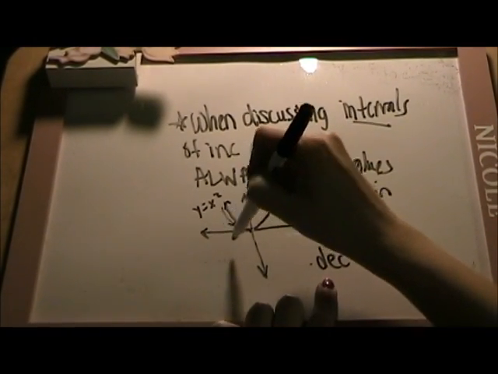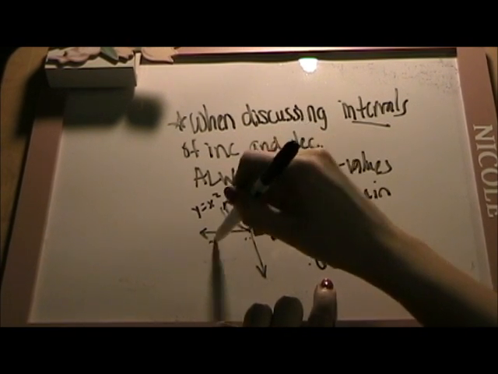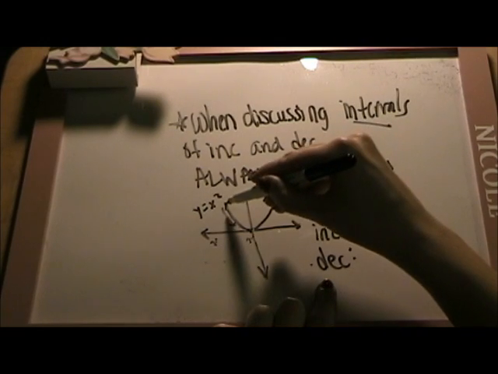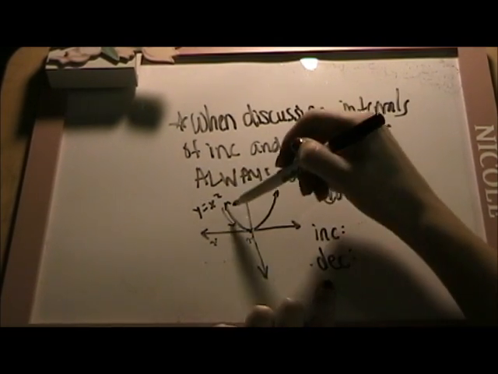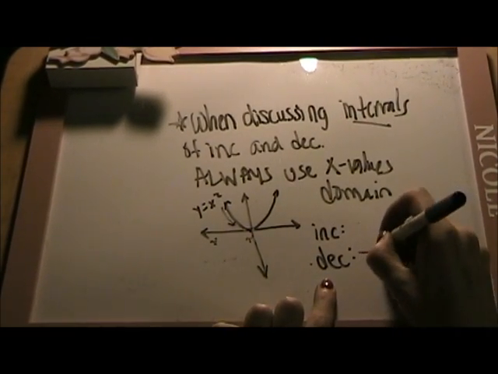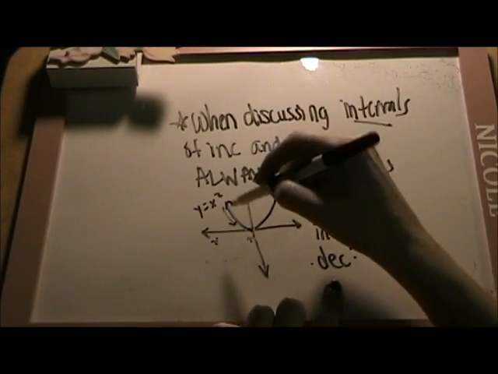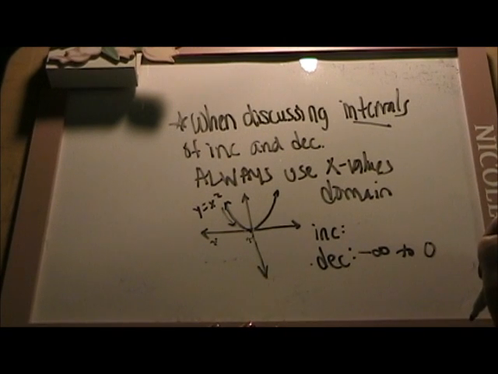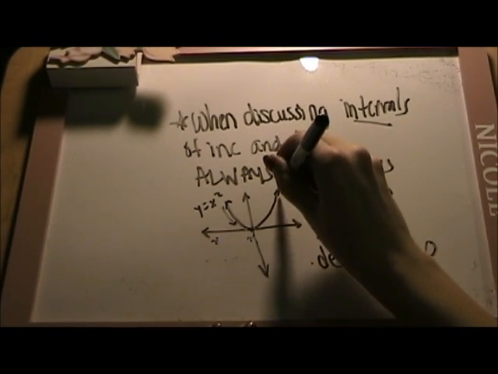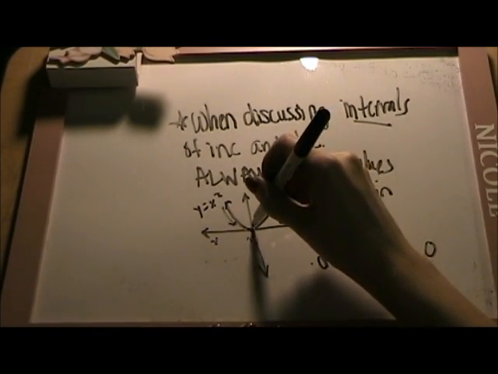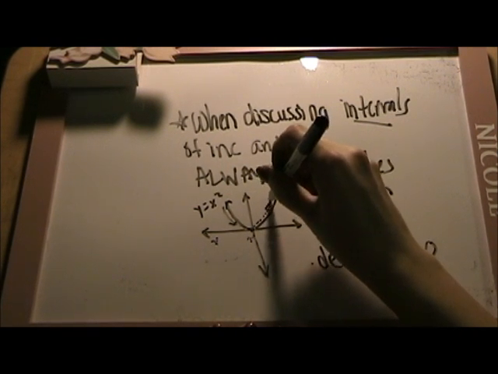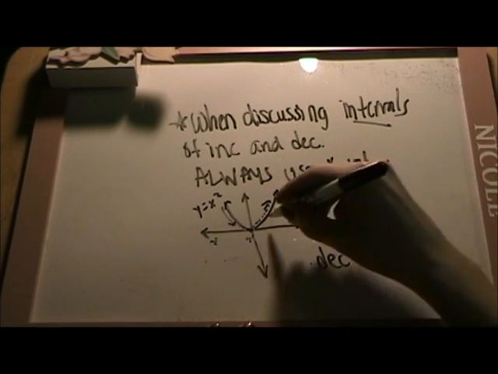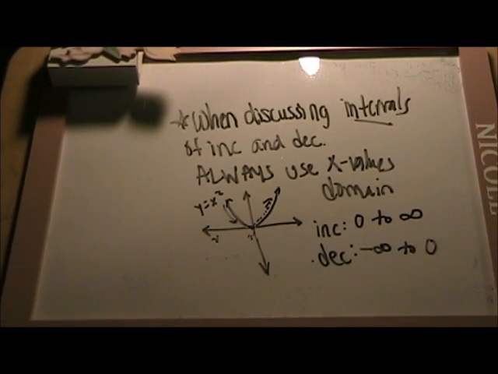So from where to where on our x-axis are we decreasing? Well, my smallest value, since I'm going to continue going out this way, negative infinity to x equals 0. And then from here to here, our graph is now going upward. So we are increasing from 0 to positive infinity.